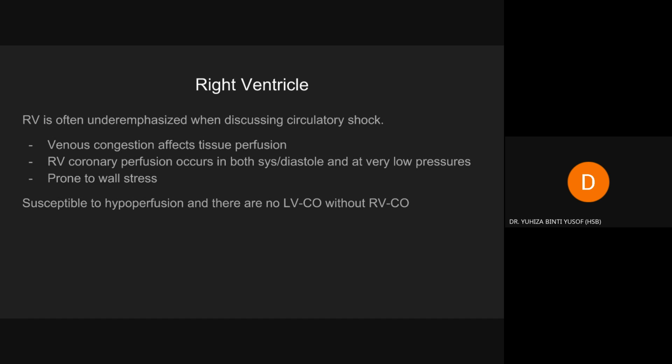Rather, the shock progresses straight to Killip 4, because if you don't have blood flowing up through the pulmonary circuit, then you're not going to have blood coming into your left ventricle. So you have to be careful. A patient with right ventricular MI is not going to develop all of this typical Killip 2, Killip 3 finding.